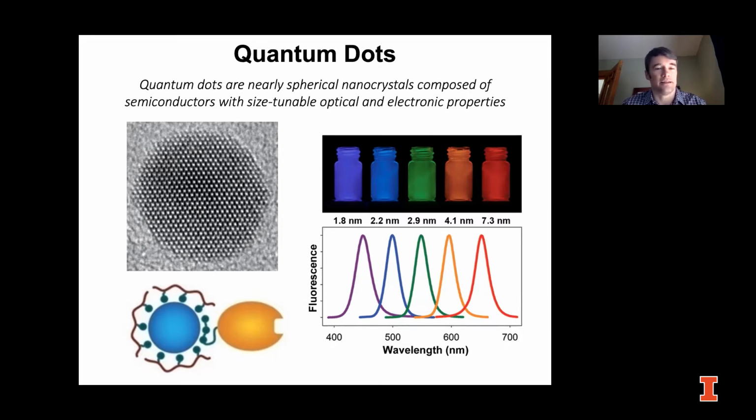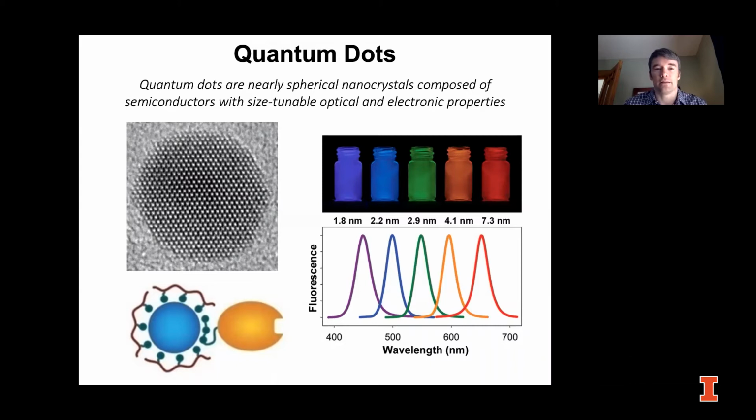If you look at the TEM image on the left, this is what they look like at high resolution. You can see individual atoms or atomic lattices lined up, so these are crystalline materials. But what you can't see in this image is that this is surrounded by organic materials, so it's a composite structure. It has a semiconductor crystalline material that gives the ability to absorb and emit light.